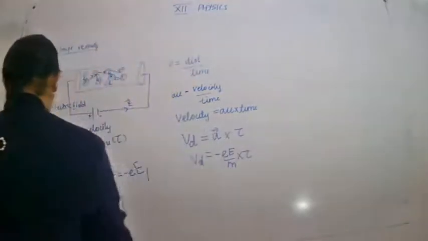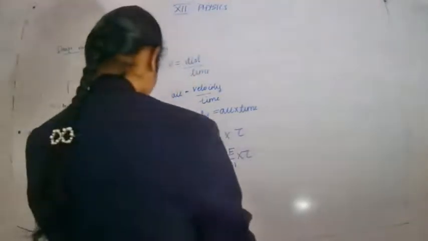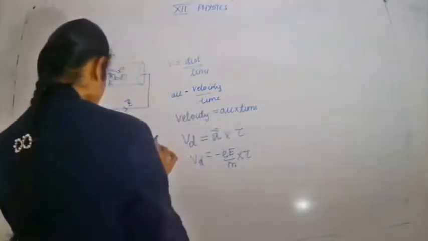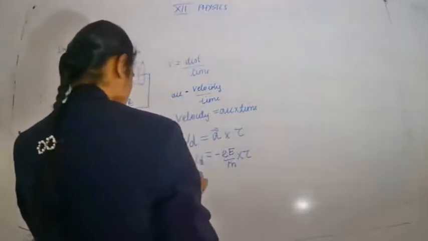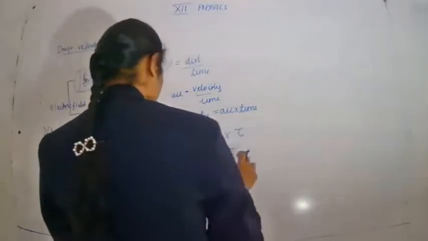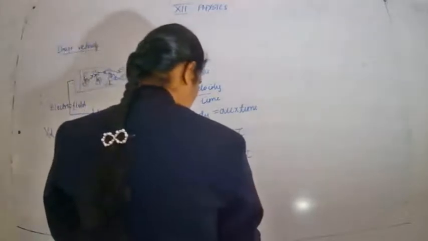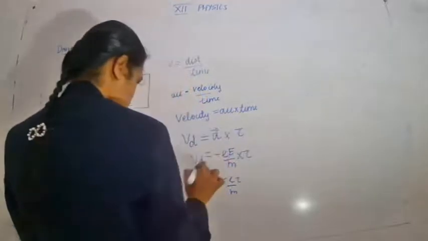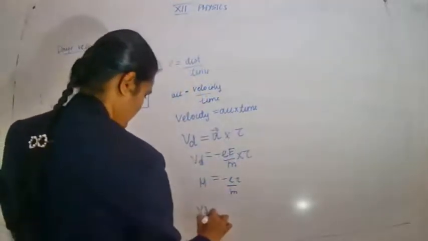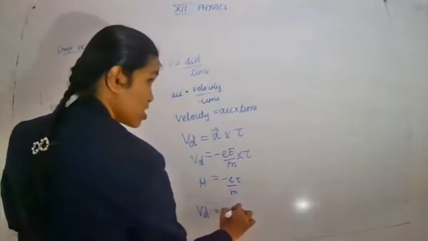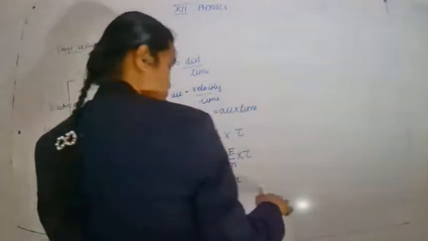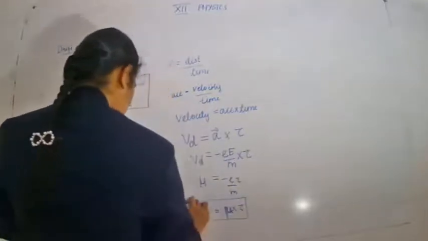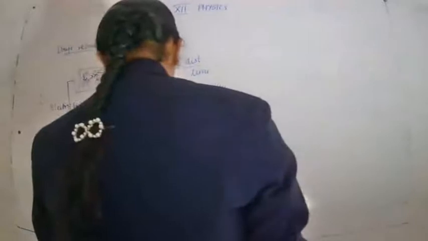That is the drift velocity. Now this minus e tau by m is the mobility, so we can replace it. So Vd equals mu into E. You understood?